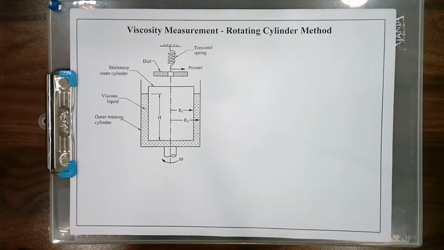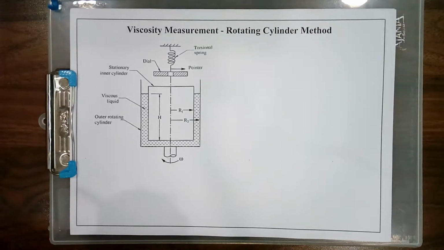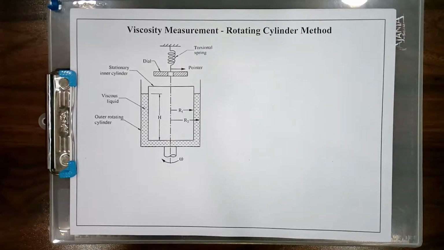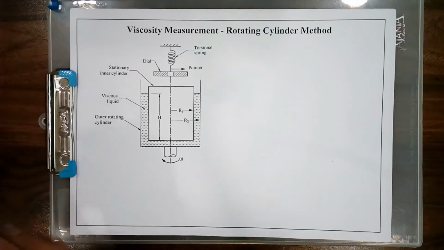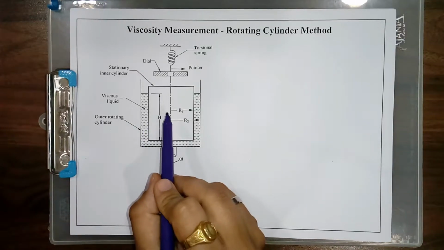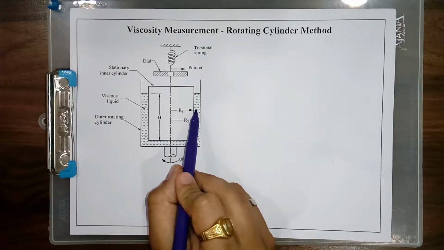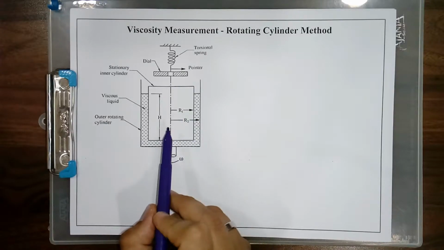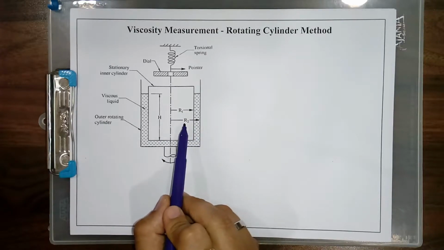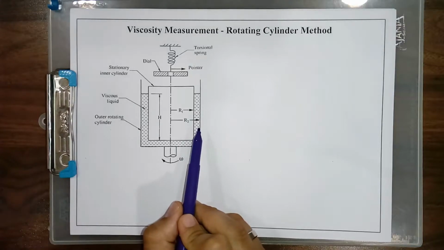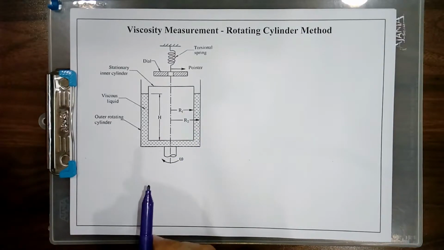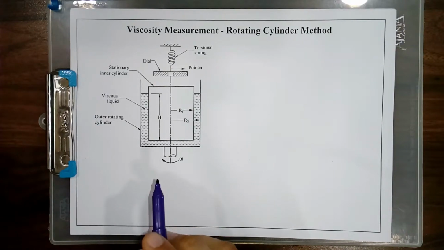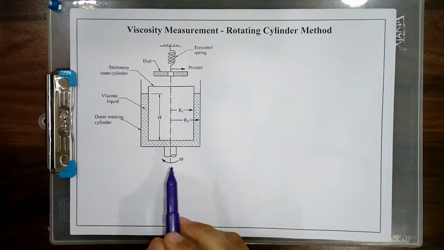viscosity measurement using the rotating cylinder method. Students, here let us understand the arrangement for measurement of viscosity using the rotating cylinder method. So here we have two different cylinders. One is the inner cylinder having a radius of r1, and the other is the external cylinder of radius r2. So in total there are two coaxial cylinders, having radii r1 and r2.